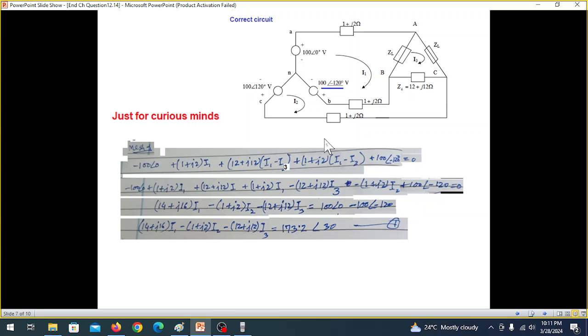We are just following the same technique that the solution manual has done. First of all, we're writing the equation for mesh 1. I'm sorry, I had just used my pen to show you the verification.